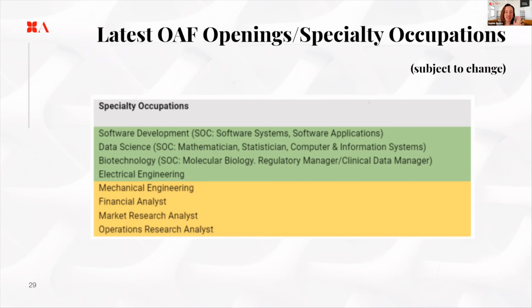So the last I heard is that some of the roles that Open Avenues is most open to sponsoring include software developer roles, data science, biotech, double E. Historically, they've also been open to roles in mechanical engineering, financial analysis, market research, and operations research analysis.